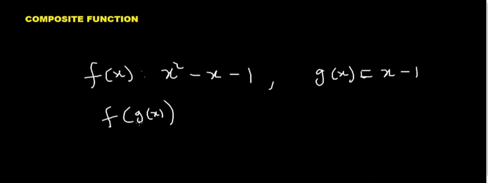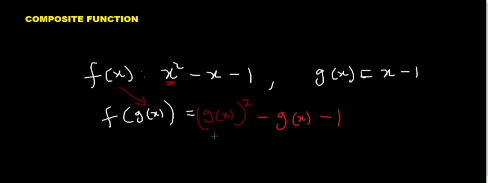I will show you that f of g(x) is not equal to g of f(x) with this question. So that means wherever I see x, I'm going to put g(x). So here there is x in this place for this f(x), so I'm going to put g(x). There is x there, and also there is another x here, minus 1.